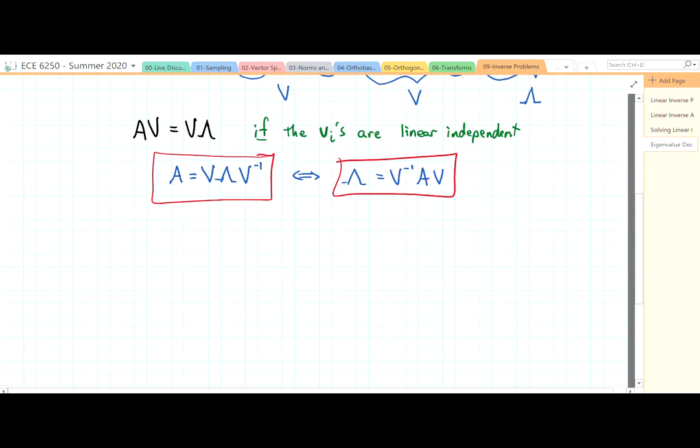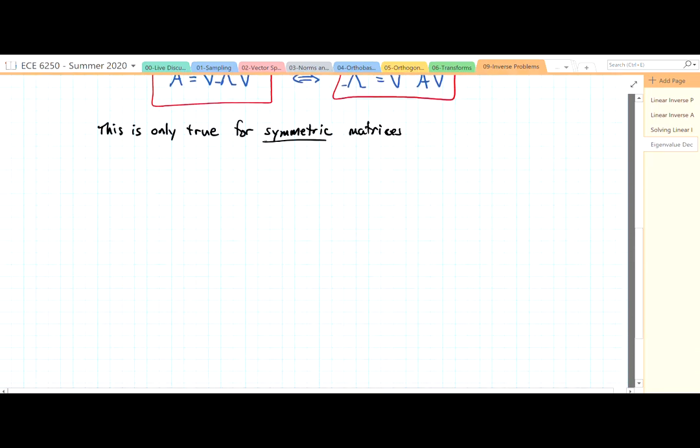Even if the v's are linearly independent, it only works for symmetric matrices, as noted above.